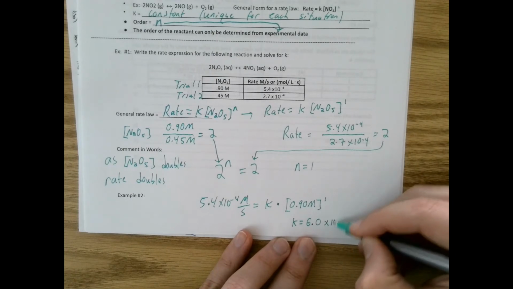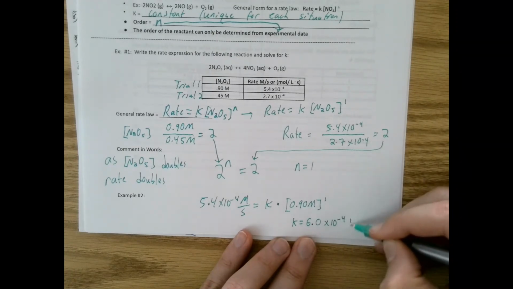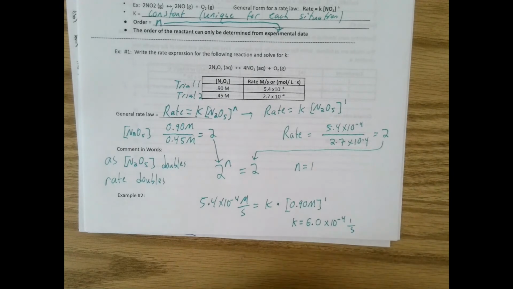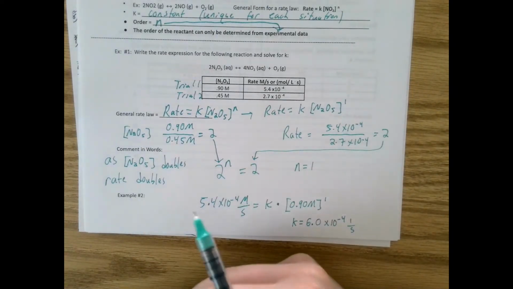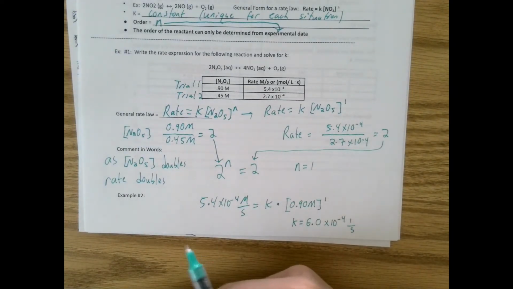So 6.0 times 10 to the negative 4th, 1 over seconds, or inverse seconds. So the units for K have many different options. If you go to higher level chemistry, the units very much matter. For this, we won't focus so much on what the units mean. In the past, we focused on units so much because they cancel and you can check your answer. This is not the case. They're not going to cancel and always be nice and pretty like you expect. You can have some weird units for K.